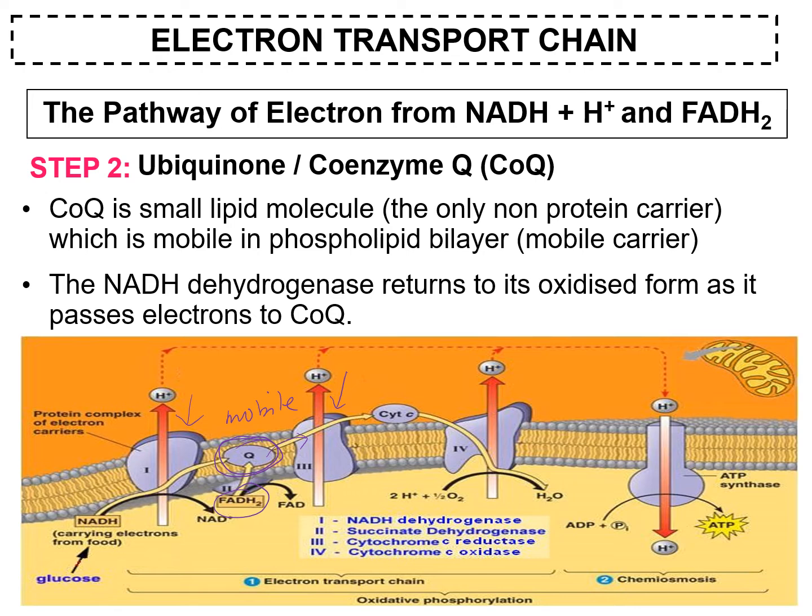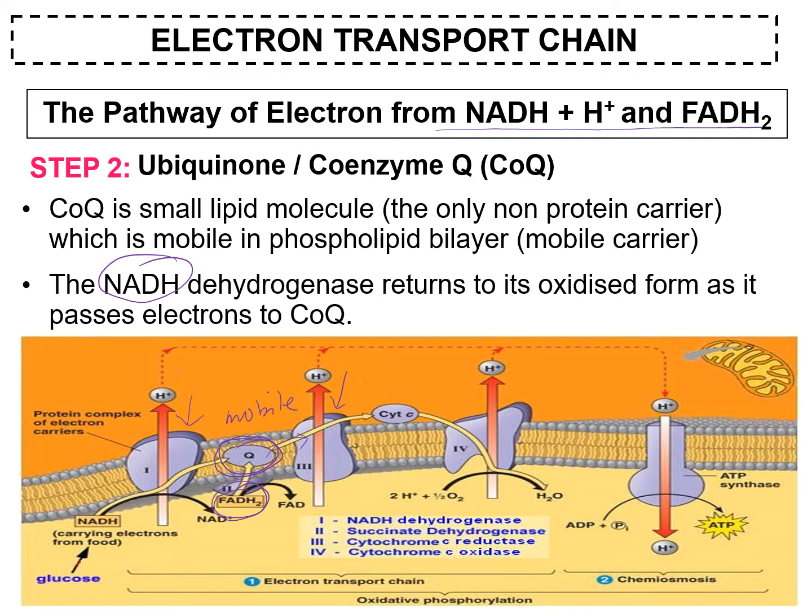So the NADH dehydrogenase returns to its oxidized form because it passed the electron to coenzyme Q. This is from the pathway of NADH. Right, electron from NADH and FADH2. If the pathway is from FADH2, the coenzyme Q will return the succinate dehydrogenase into its oxidized form, because the coenzyme Q received the electron from the succinate dehydrogenase.